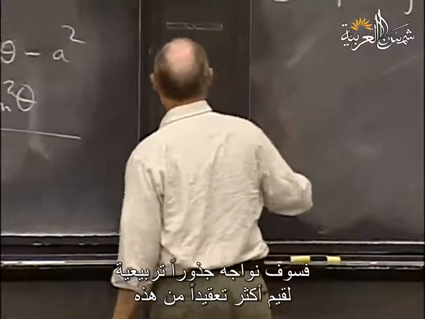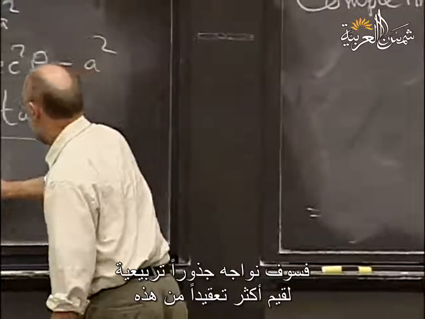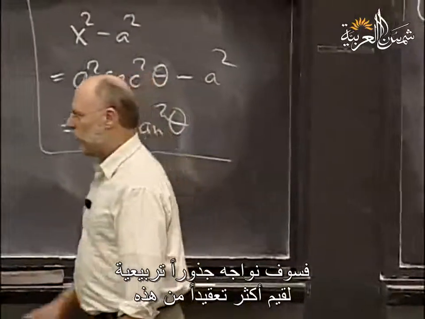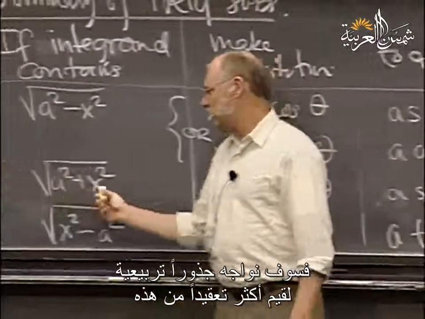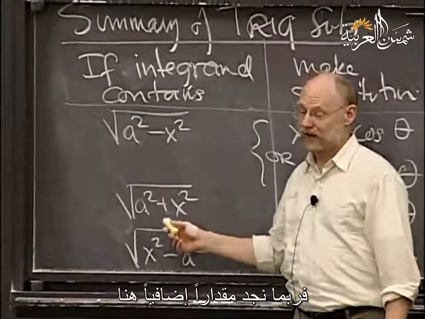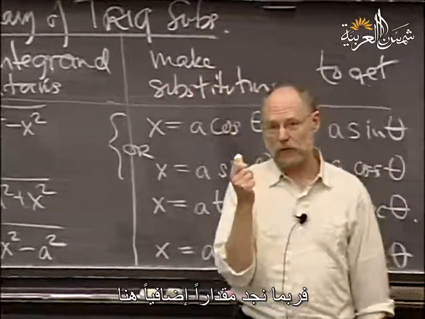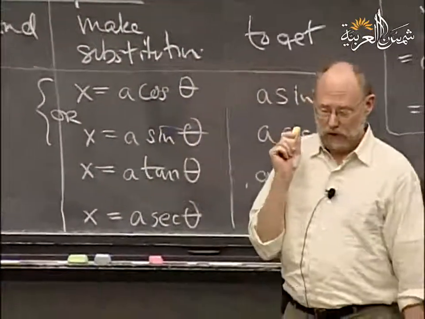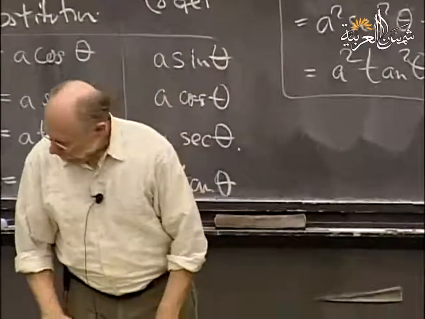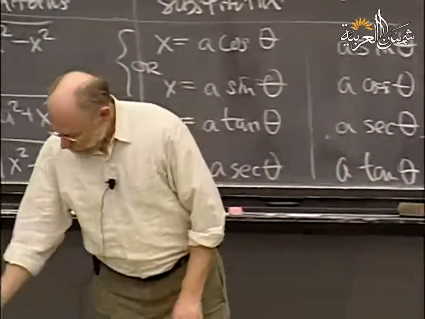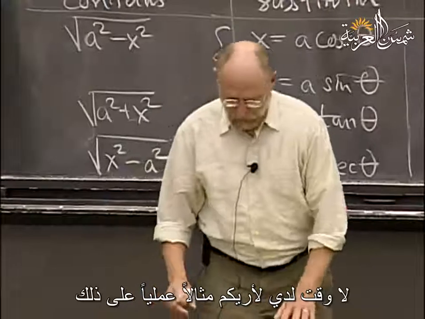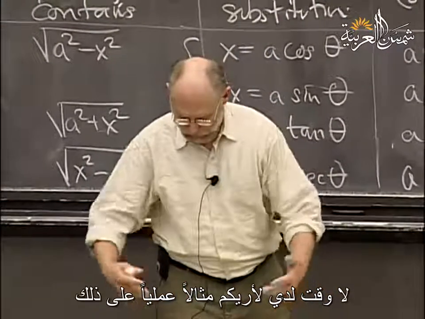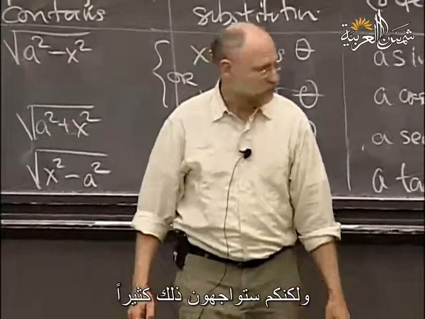You will often encounter things that are not just the square root of something simple, like one of these forms. Like there might be a middle term in there. I don't actually have time to show you an example of how this comes out in a practical example, but it does happen quite frequently.